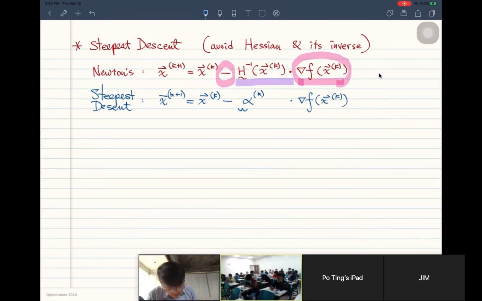So the new component for steepest descent here is alpha. So alpha, sometimes we call this the step size.